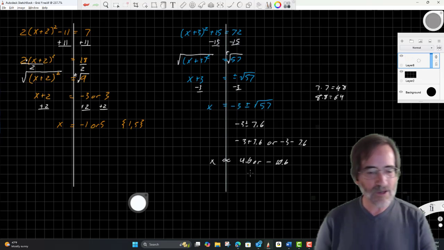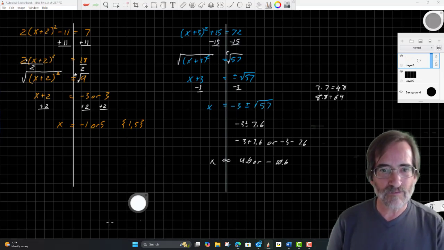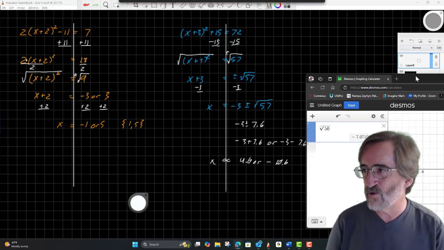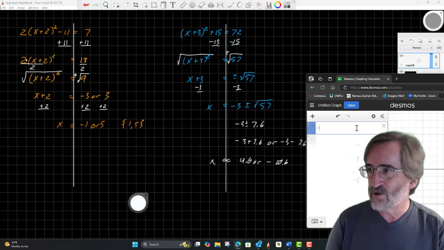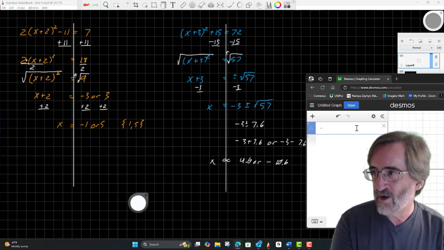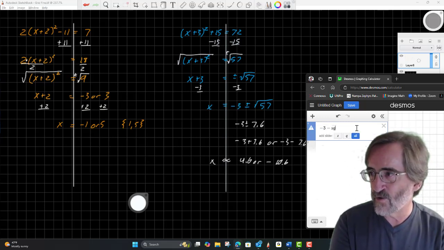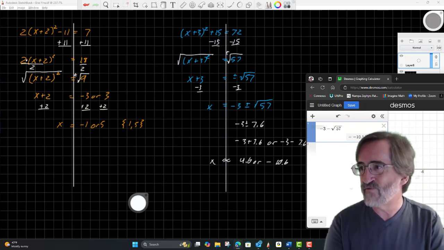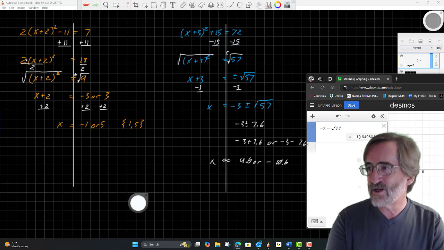Okay, and we can check it with our calculator, get a more accurate answer than this. You can enter negative 3 minus square root 57 and get negative 10.5. Yeah, so 10.5 is a better answer than 10.6.